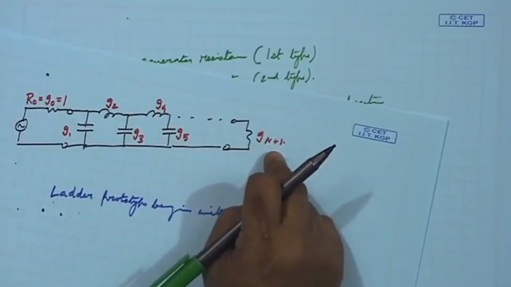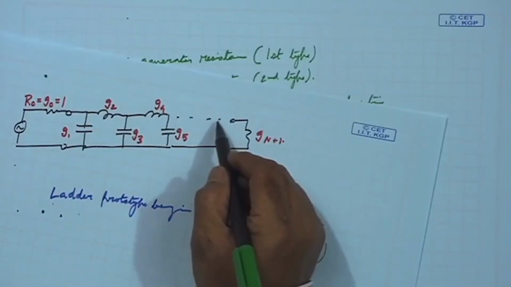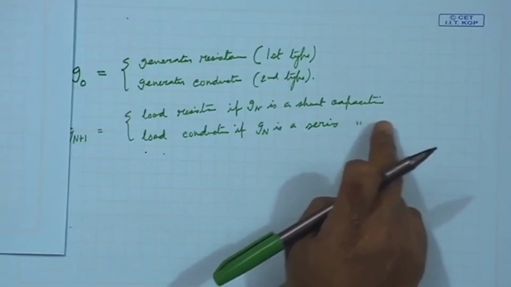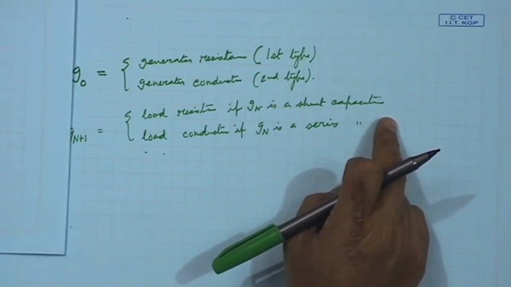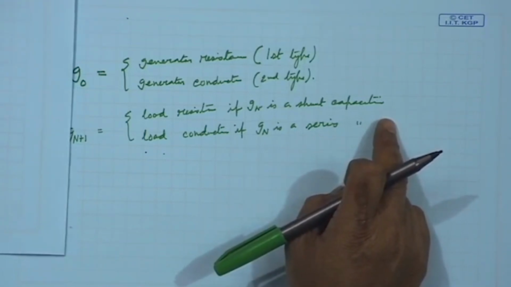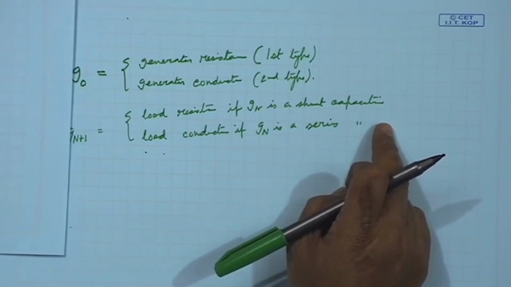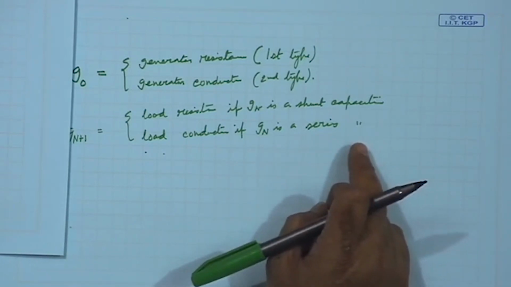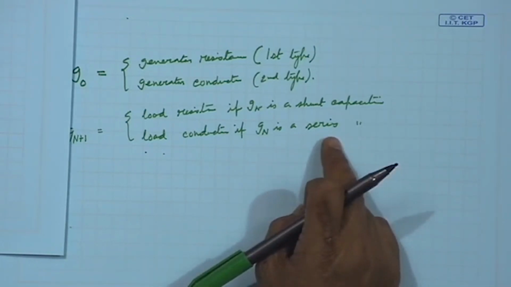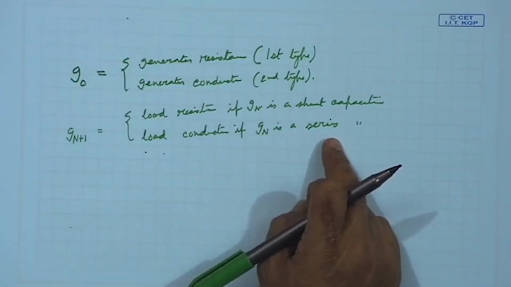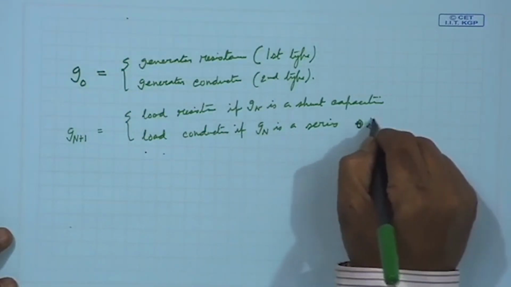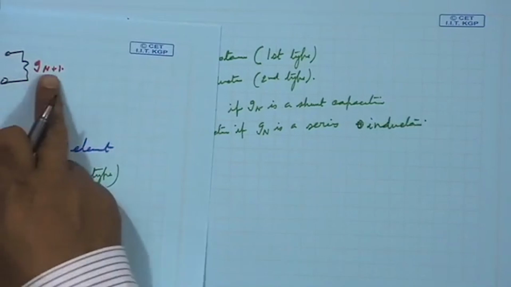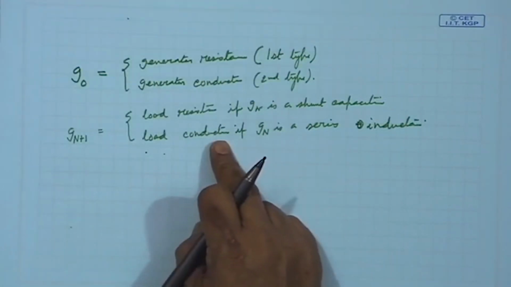So, this G n plus 1 depends on the previous one. If I have finished with the previous one Gn, if it was a shunt capacitance, then this will become a load resistance. If it is a series inductance last one, then this will be a conductance.